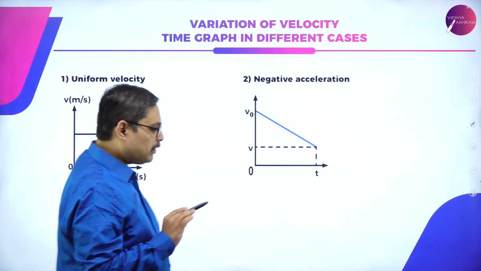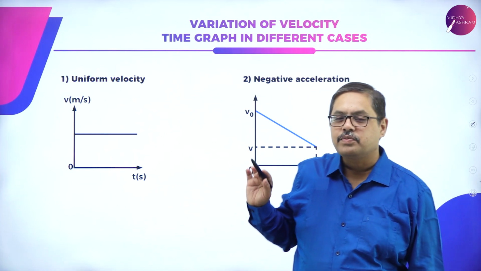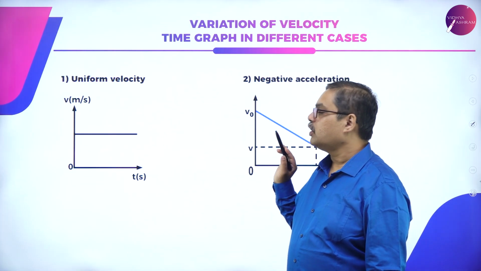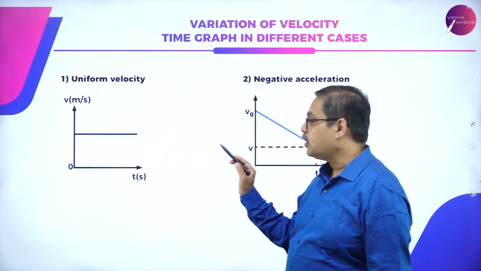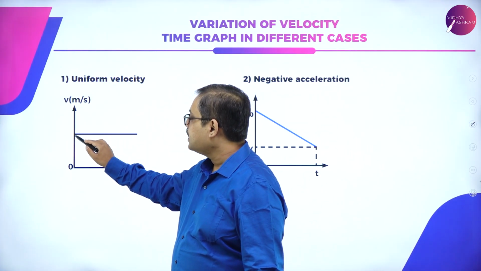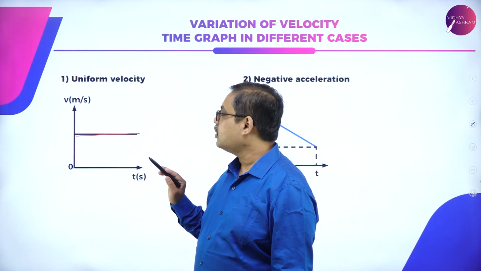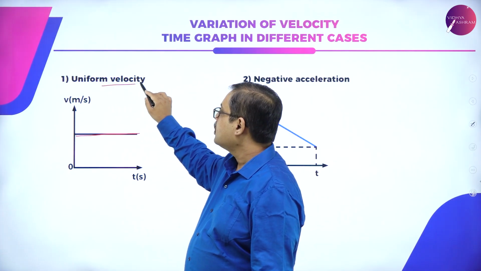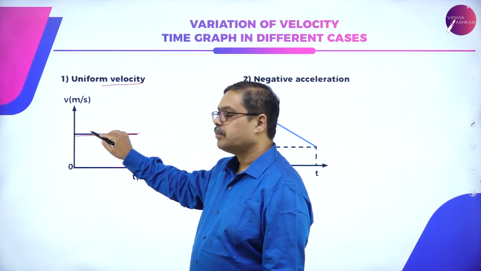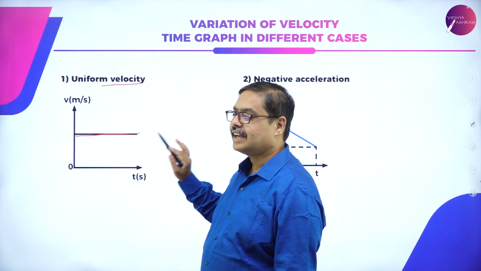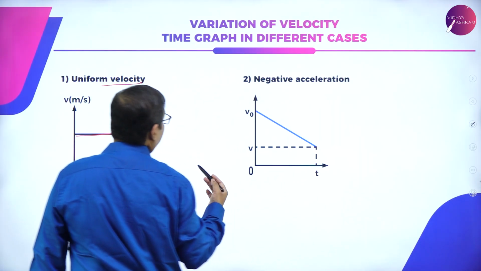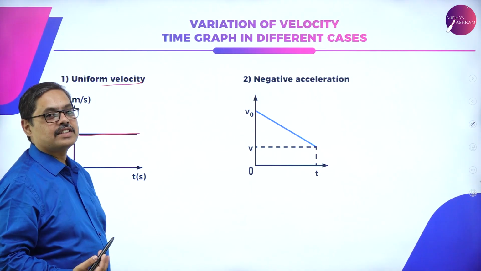The first one: when an object is traveling with uniform velocity, there is no change in velocity. It is represented by a horizontal line. Velocity is uniform, represented by a horizontal straight line. Next point, negative acceleration.